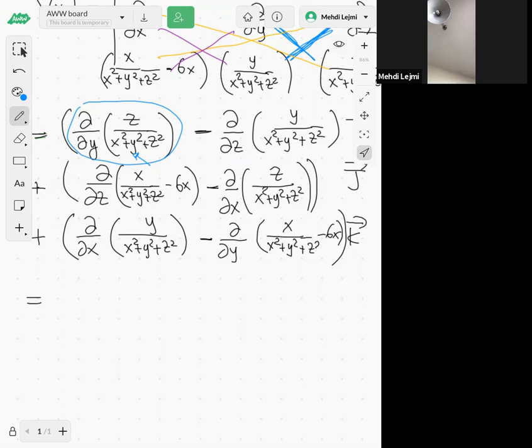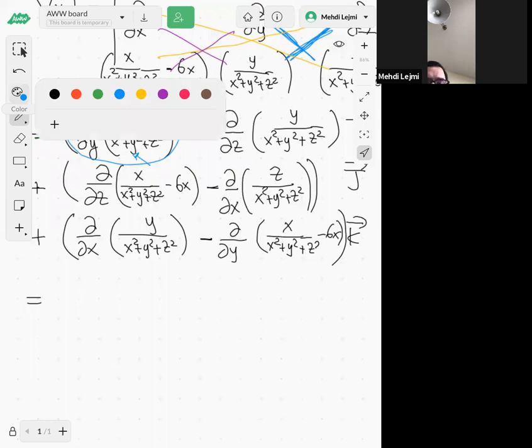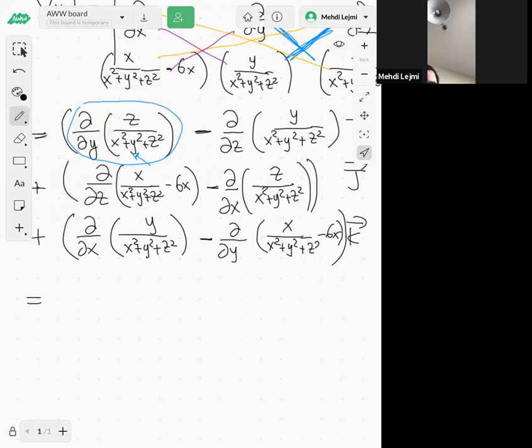It's up to you; there are different ways to compute the partial derivative. If you want to apply the quotient rule, that would probably be easier. For this partial derivative with the quotient rule, z is a constant, so the derivative of z is just 0, minus z times the derivative of the bottom.